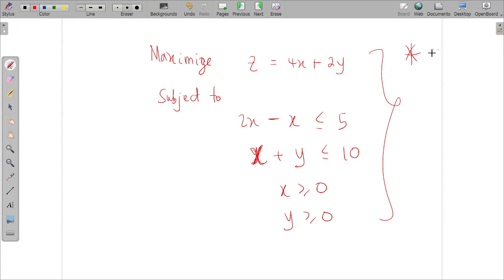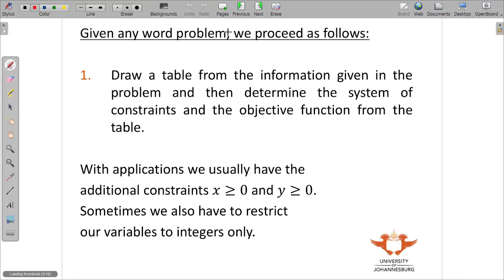So you are going to be given a word problem, and you are going to be asked to formulate this linear programming formulation or model yourself. In order to do so, when you are given a word problem, you must find the mathematical expression of that word problem. That is what we call linear programming formulation.